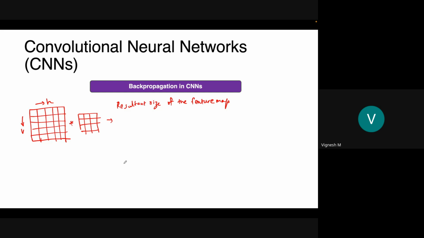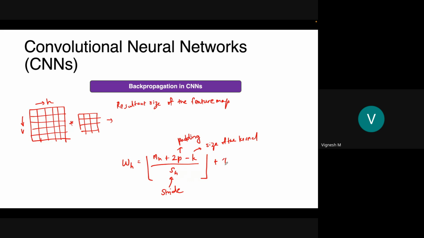And what we can define is the output number of pixels, W_H, which is your input image size plus 2 times p, where p is padding, minus k, where k is the size of the kernel, divided by s_h, which is the stride, plus 1.